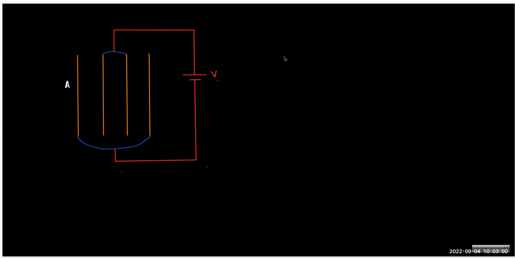And the gap I'm going to take as D only. So check whether you're getting the idea here or not. So tell me the answer.